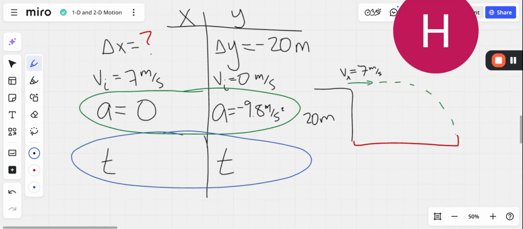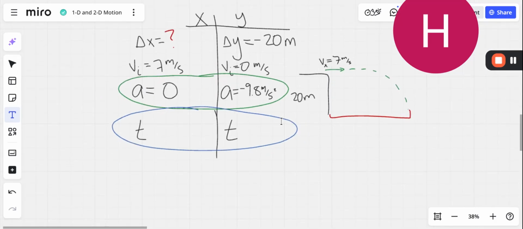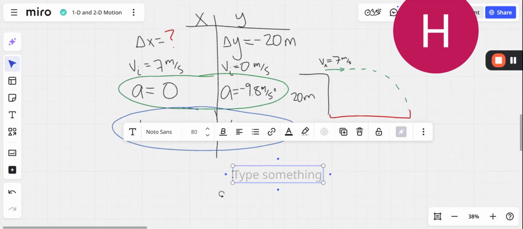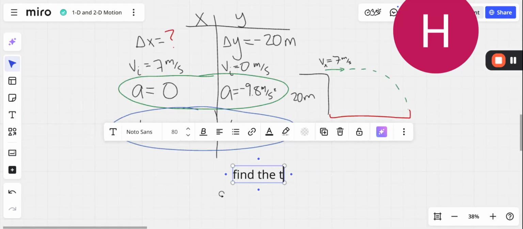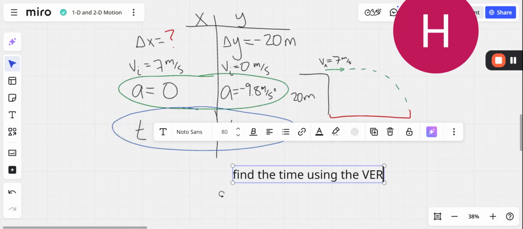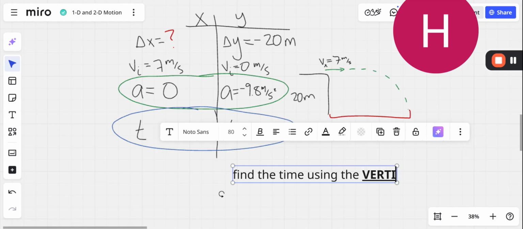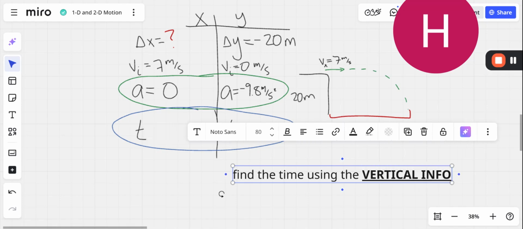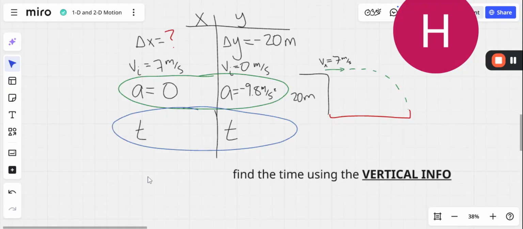So knowing this, what is our strategy? Our strategy for problems like this, where an object's being thrown into the air somehow, is to find the time using the vertical info. And that's because how long this object stays in the air only depends on the vertical information.